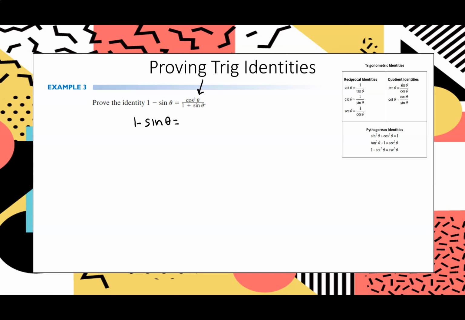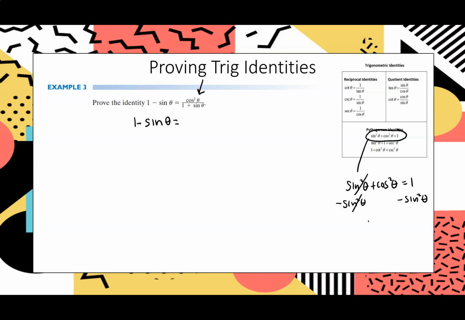Well, what is cosine squared theta? Well, we can actually solve for it right here if you want. So I've got sine squared theta plus cosine squared theta equals 1. I'm going to subtract sine squared theta. You might be able to start being able to do this in your head. If you can, I think that's preferred.